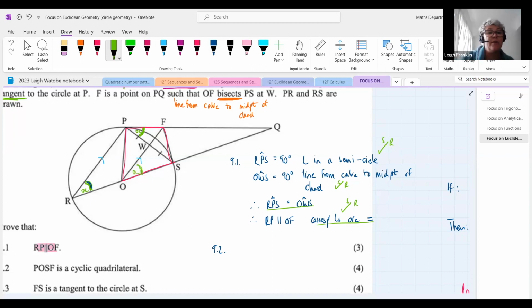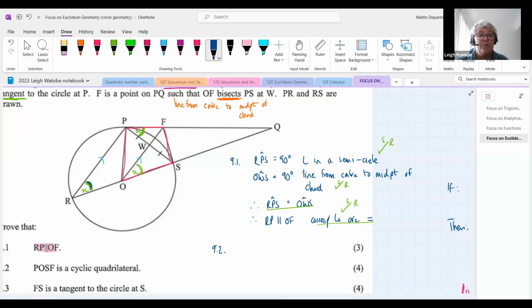It's very irritating. So the quad is cyclic because angles in the same segment are equal to each other. Line FS subtends O, back to FS, FS subtends P, because those angles are equal to each other. The quad is cyclic. Okay, lovely. Well done. Very nice.